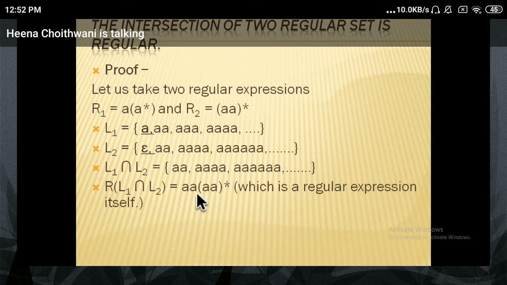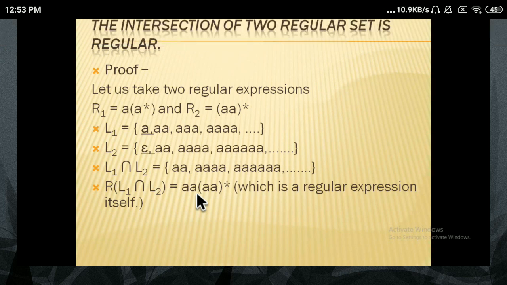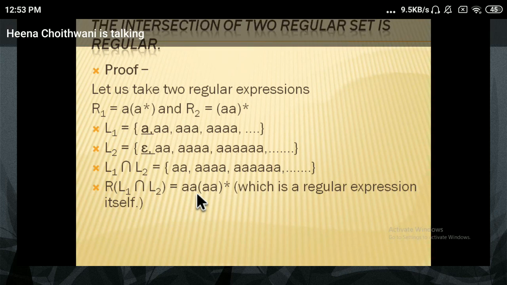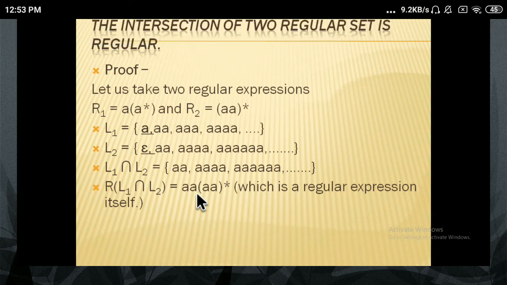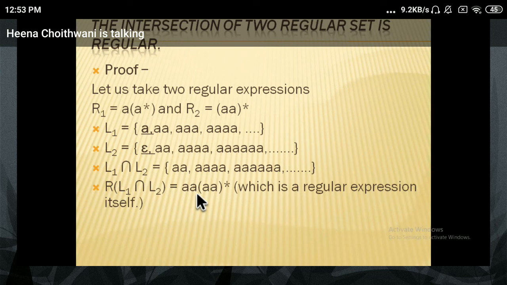So I'm writing the AA plus in the form of star closure and concatenation of A and A. Because concatenation is a regular expression, star closure is a regular expression, then those two together are also a regular expression. Okay, intersection clear.